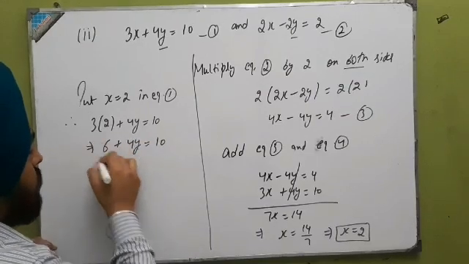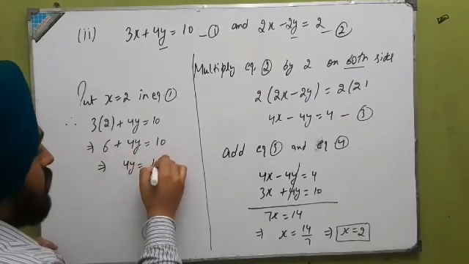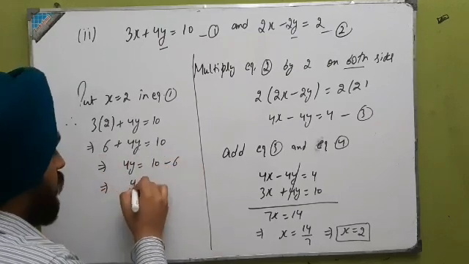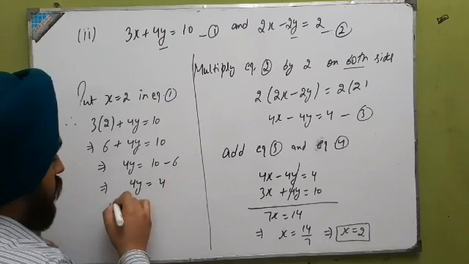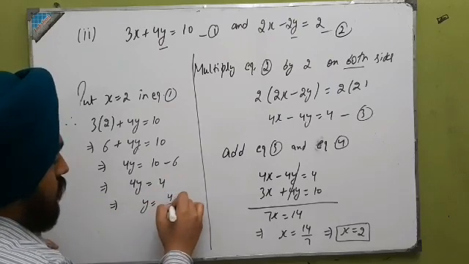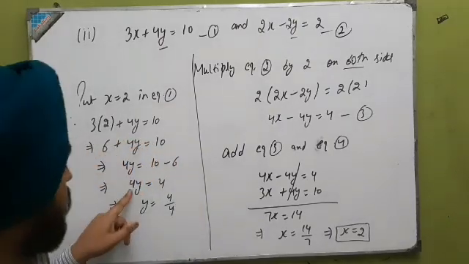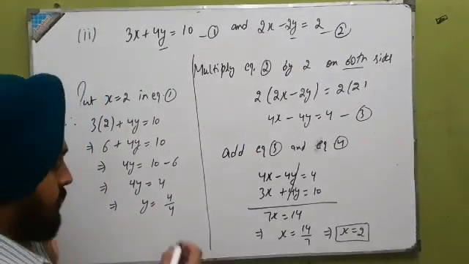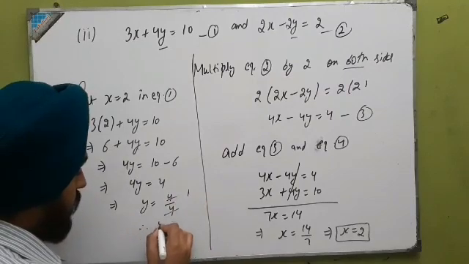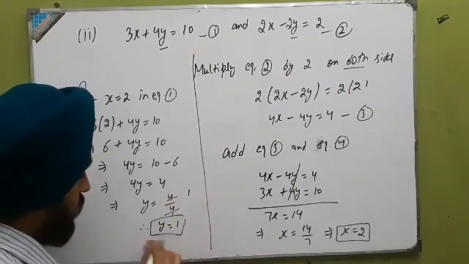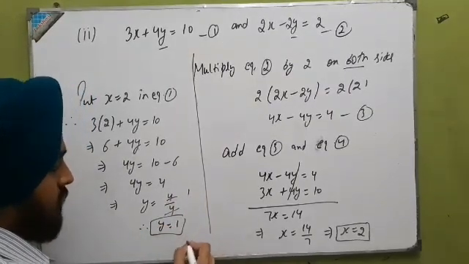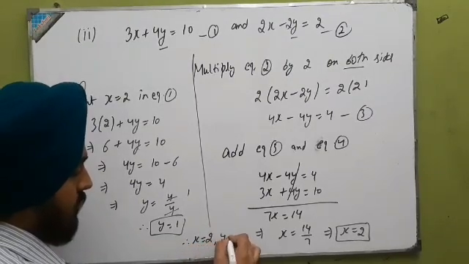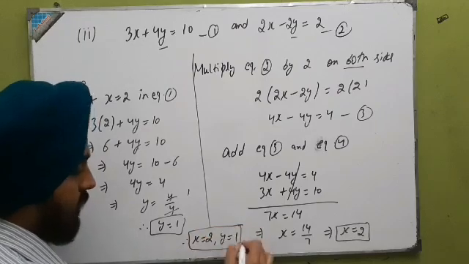It implies 4y is equal to 10 minus 6. This 6 will be subtracted from 10. 4y is equal to 4. It implies y is equal to 4 upon 4. This 4 is under multiplication with the variable y, so it goes under division. So that will cancel. So the value of y there is 1. So at last we can write, therefore the value of x is 2 and the value of y is 1. That's all.